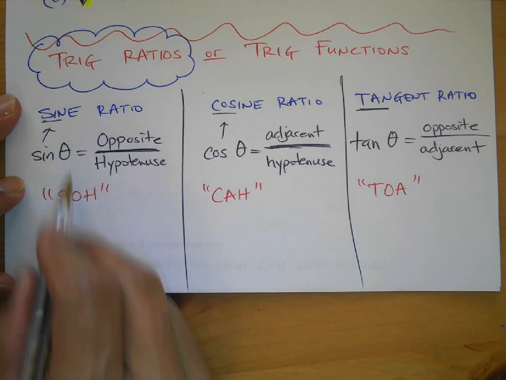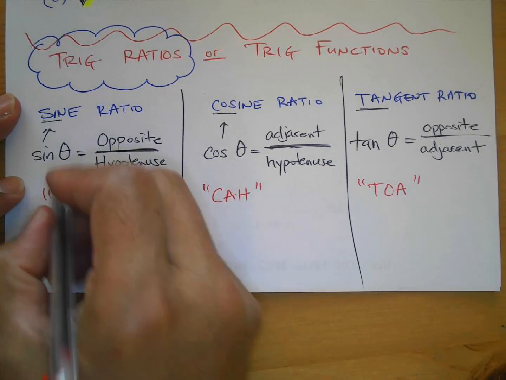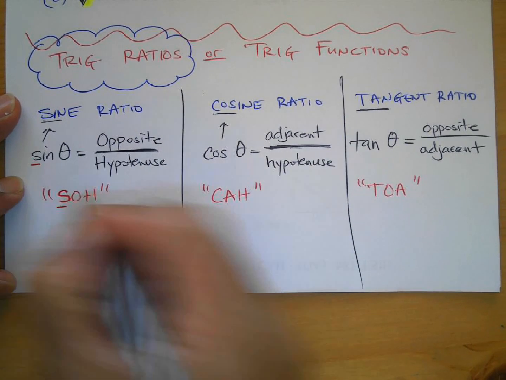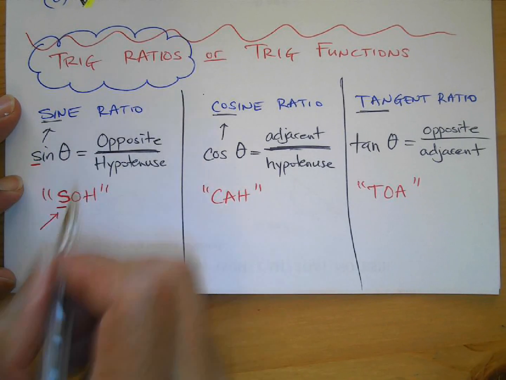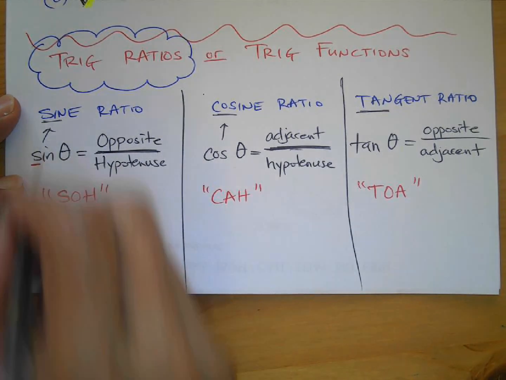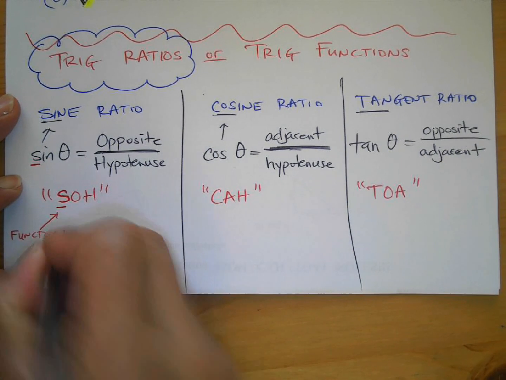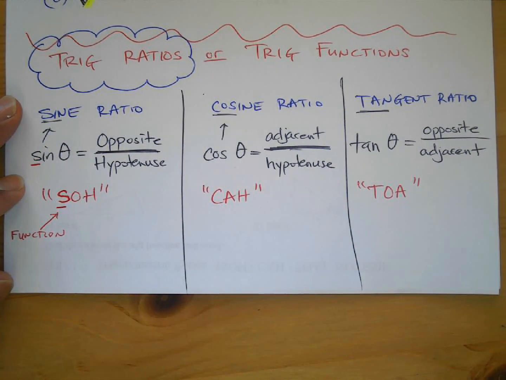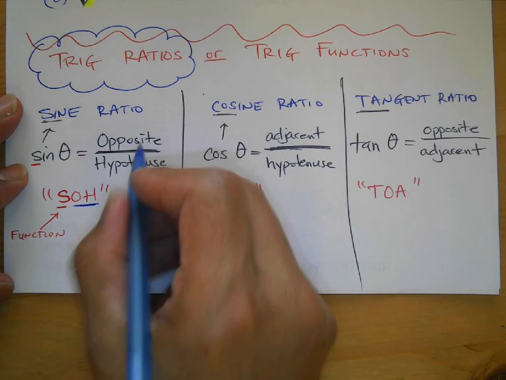How is SOH going to help you find sine? Well, the S is the function. This first letter is the function, the name of the trig function here. And the last two are what? The last two are the fraction, right?